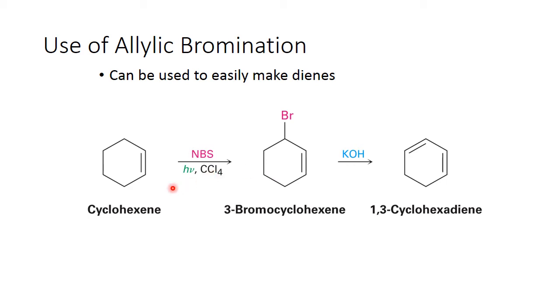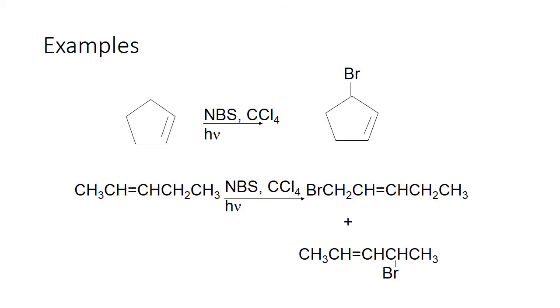Well, what we find is NBS will put a bromine adjacent to the double bond in this allylic position. If we then treat with potassium hydroxide, we get what is called a conjugated diene. That conjugated means that it's double bond, a single bond, and then a double bond. And 1,3-cyclohexadiene is an example of that.